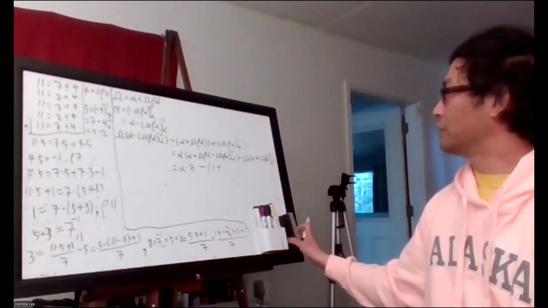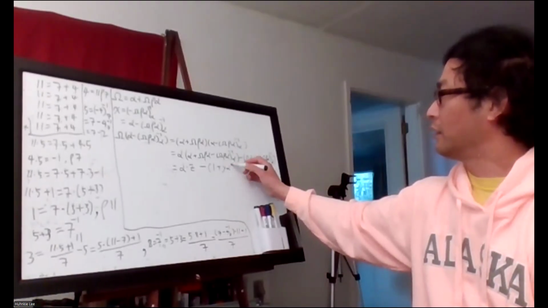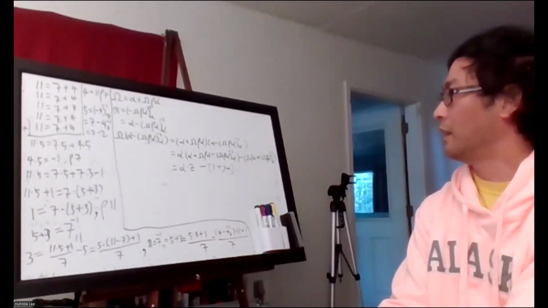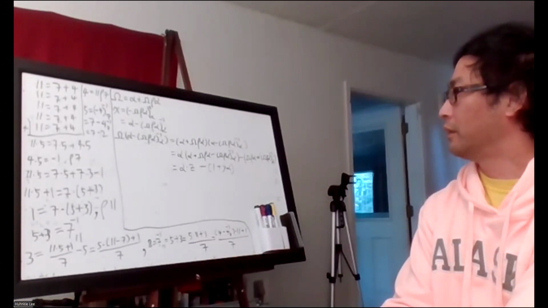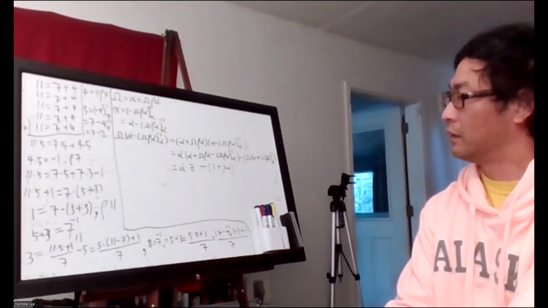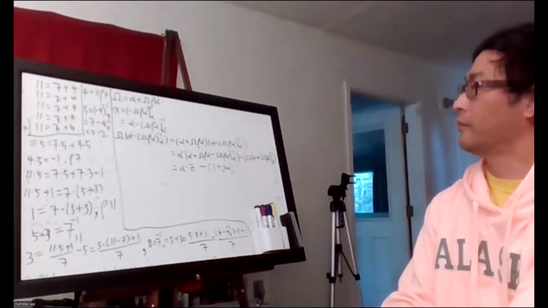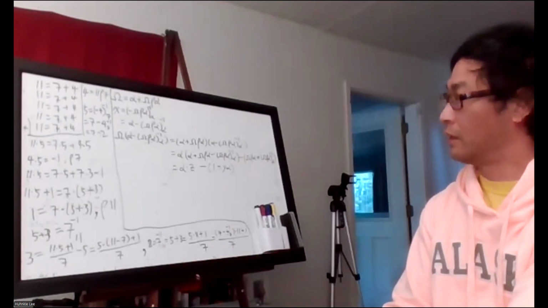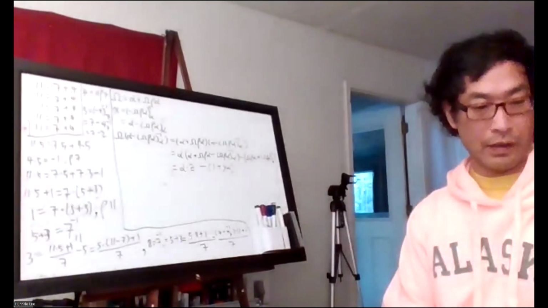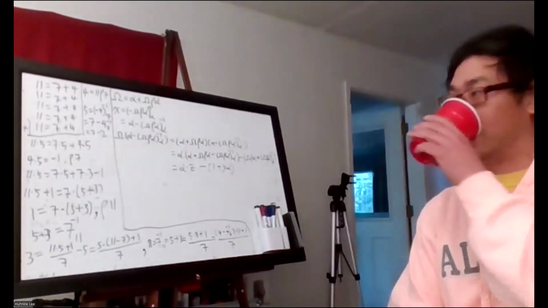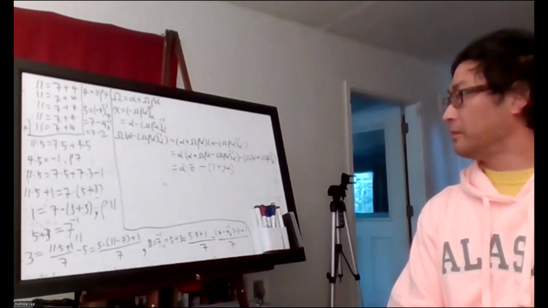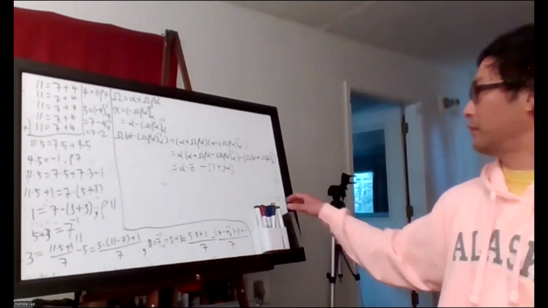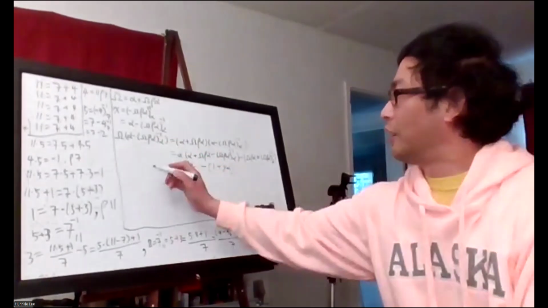So one plus, let's say, y alpha. And this one we call it W.